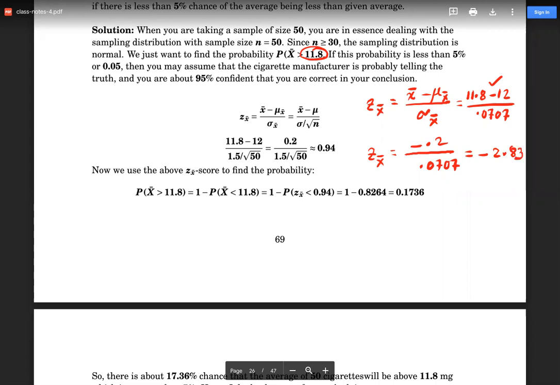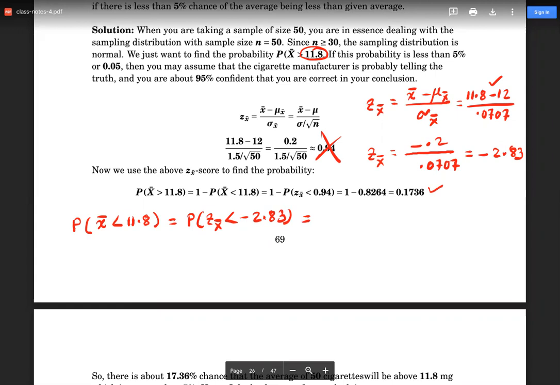So probability of x bar less than 11.8 is the same as the probability of z sub x bar less than negative 2.83. This number is not right. Okay, so I did it for 94.94. That's how I got this. So now, can somebody please look it up in the table for negative 2.83?